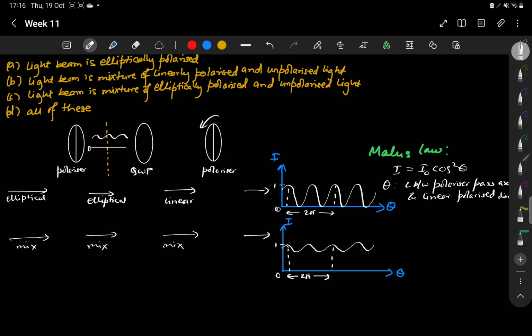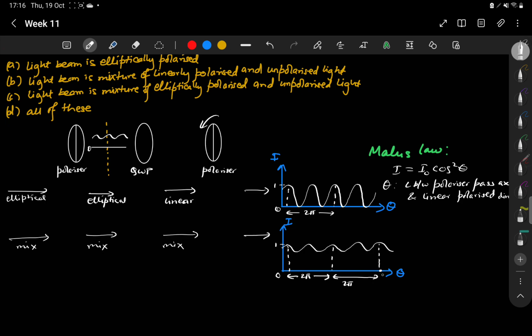And the difference between these two mixtures can be found as follows. So let me draw one more cycle. So this is another 2 pi.